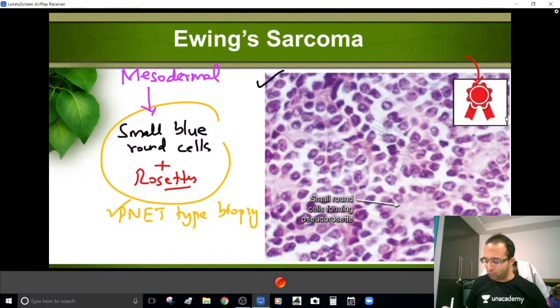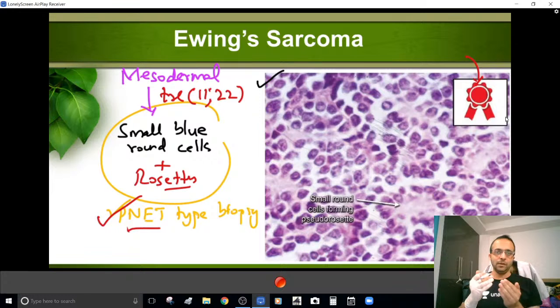But in this tumor, you have a translocation 11 to 22. And because of this translocation, the biopsy is ectodermal. So basically the biopsy of Ewing's could be the biopsy of lymphoma, neuroblastoma, pineoblastoma, medulloblastoma. Any neuroectodermal tumor can have the same biopsy.